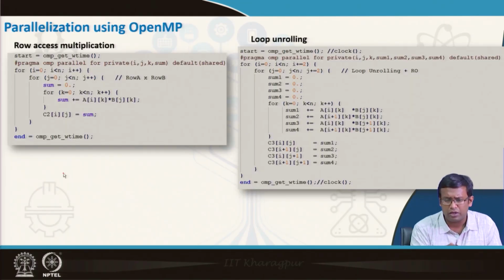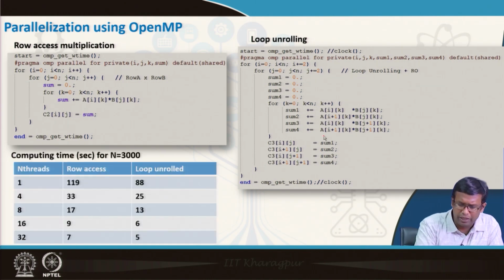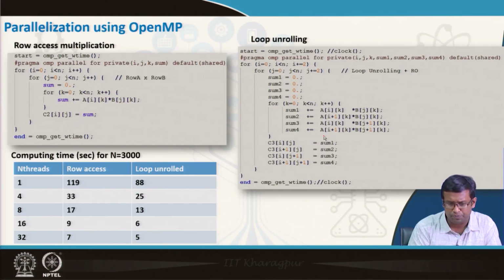But now with simple row access multiplication, which is accessing both A and B row wise, instead of B we are doing it with B transpose, and along with that row access we are doing loop unrolling, and we can see the performance with parallelization.